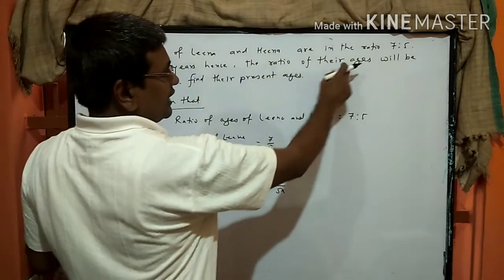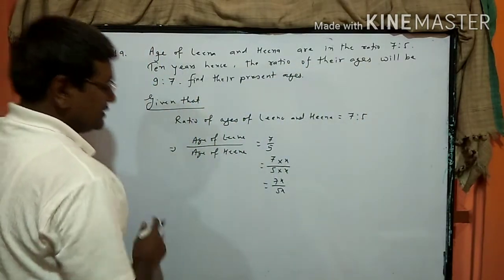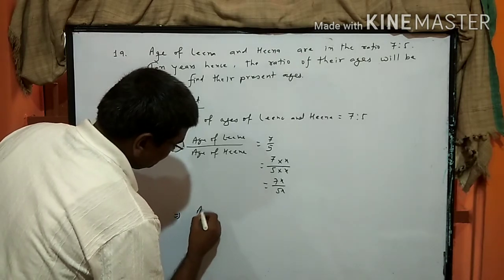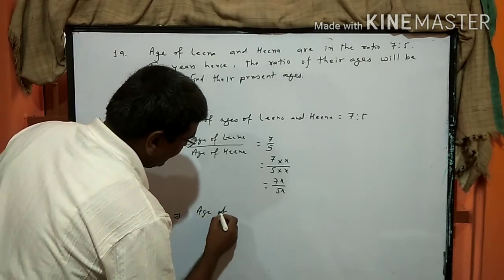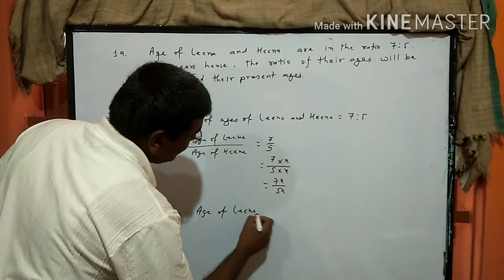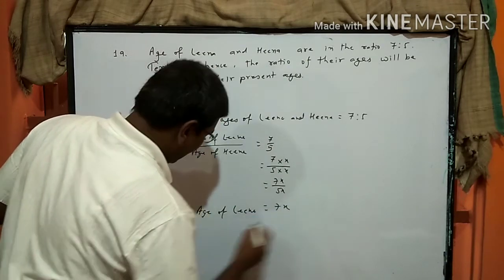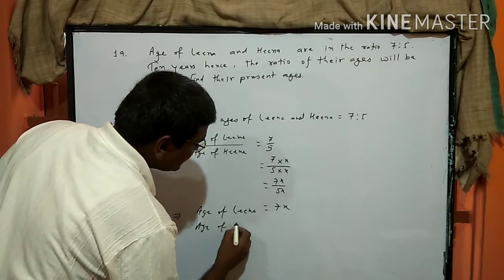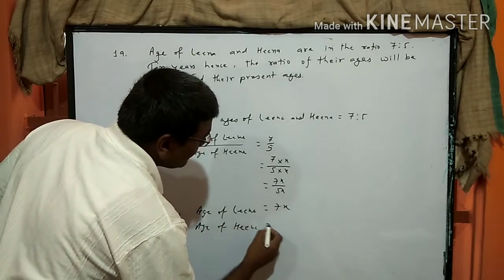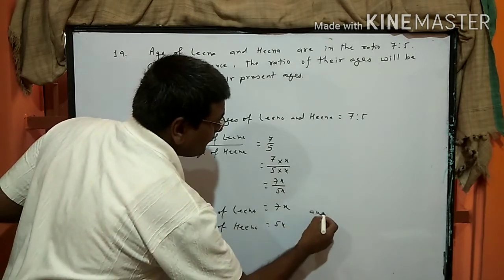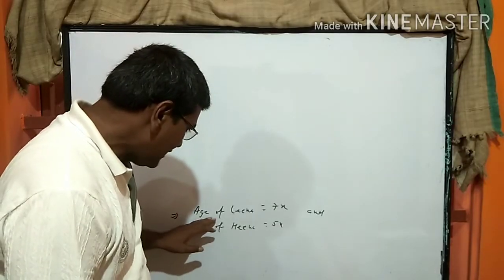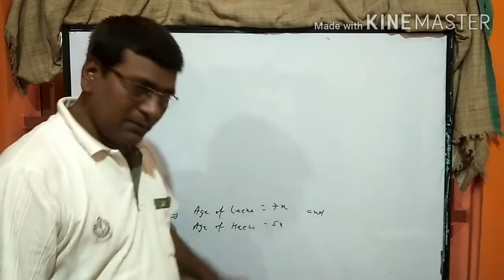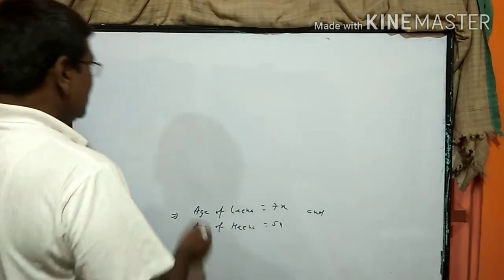Here we can write age of Leena equals 7x and age of Hina equal 5x.